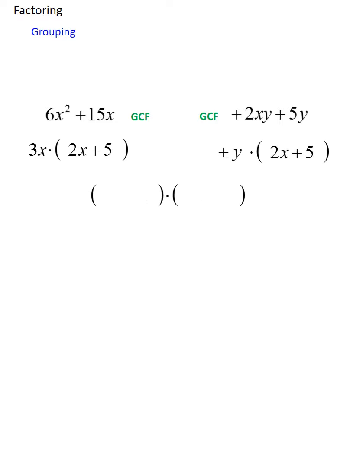So when you get to this stage and you notice, oh, I have the same thing twice here, and you will notice that. That will happen. When you see that, simply write it in one of the parentheses. It doesn't matter which one. And the two things that you factored out, the two GCFs from each individual pair, in this case the 3x and the y, just put those together to form the other factor.